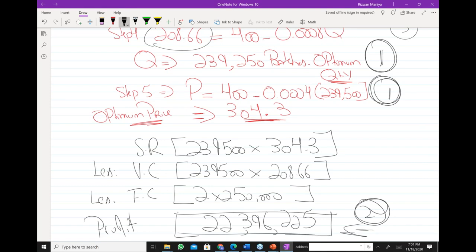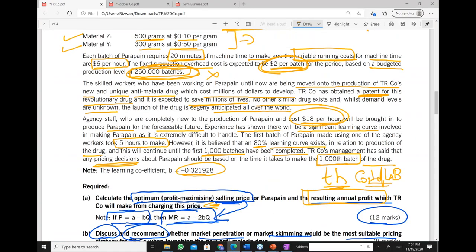Okay, fixed cost, I'll repeat here. You just look here in the question, it was mentioned the fixed production overheads are expected to be 2 per batch for the period based on budgeted production level of 250,000 batches. So the per batch cost was 2, which is based on 250,000 batches.